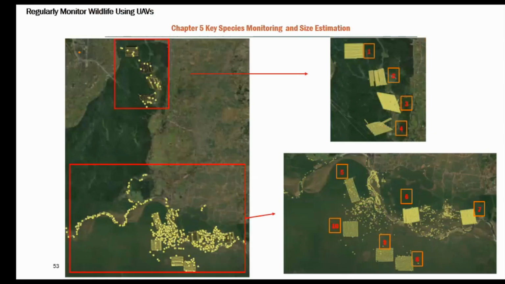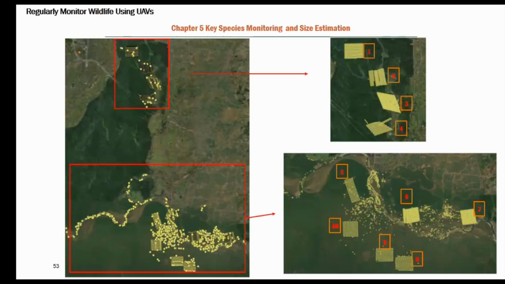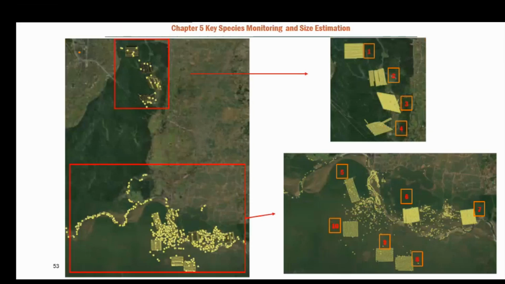And the second wildlife monitoring application is to monitor the 4 key species: buffalo, deer, elephants, and rhinos. They are also important to sustain the ecosystem in Chitwan National Park. In this research, about 10 teams use path planning to control drones to cover aerial survey regions.